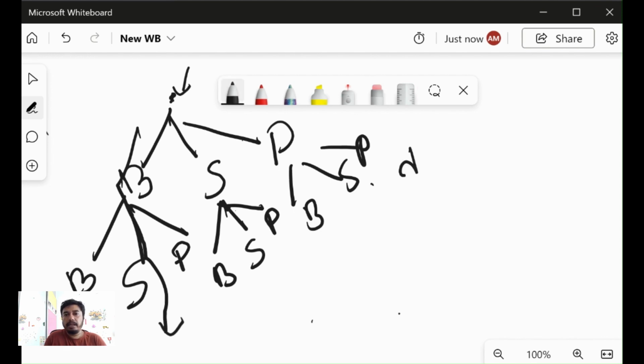Now let's see how we are going to compute dp b of I. As I said earlier, dp b of I is the maximum profit from day 0 to I, where my last activity was a buy.